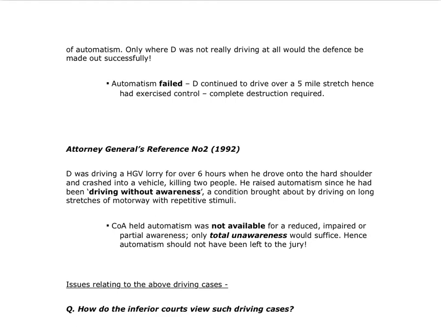And only where D was not really driving at all would the defence be successful. Of course, the fact that the car drove a further 5 miles meant that he was having some control. Automatism failed. D continued to drive over a 5 mile stretch, hence had exercised control. And what we're looking for is complete destruction.